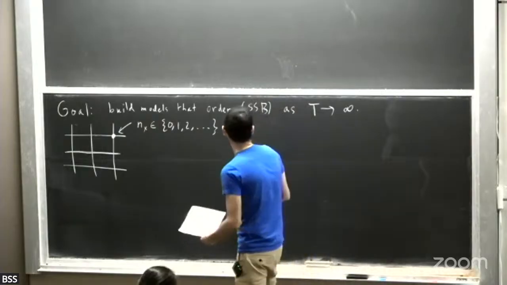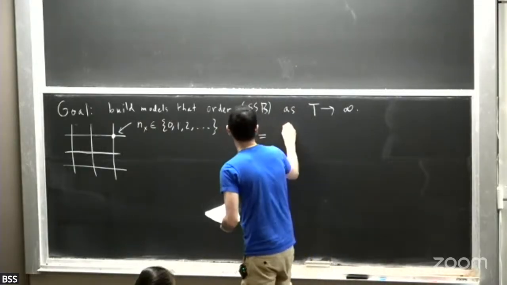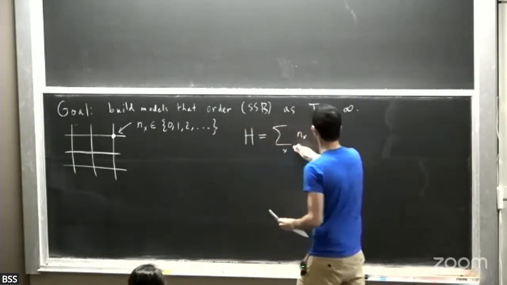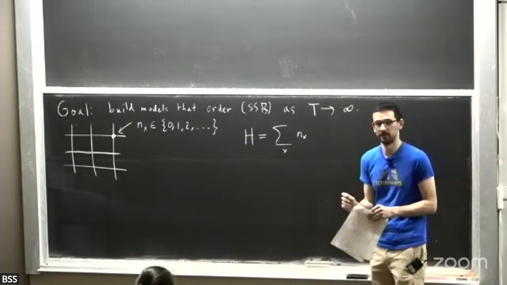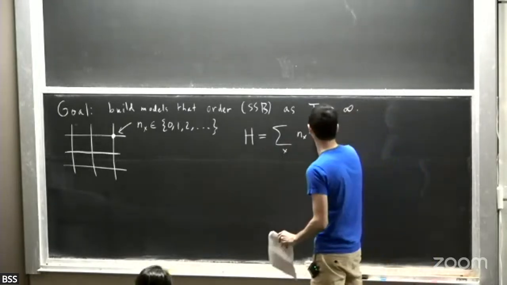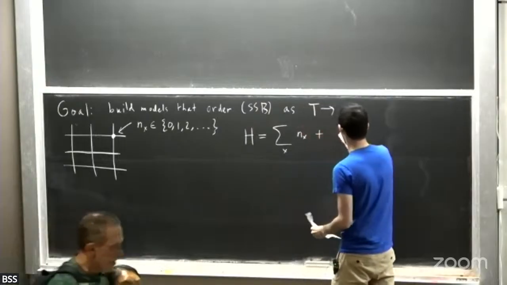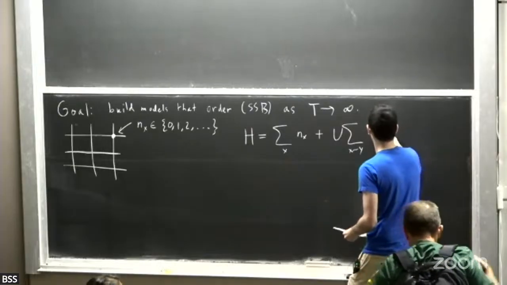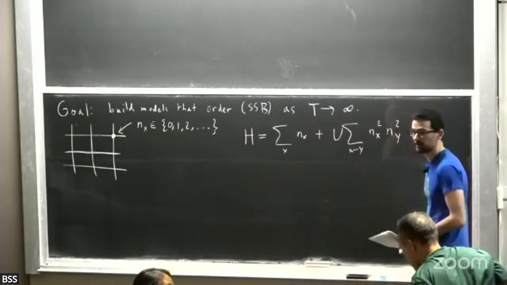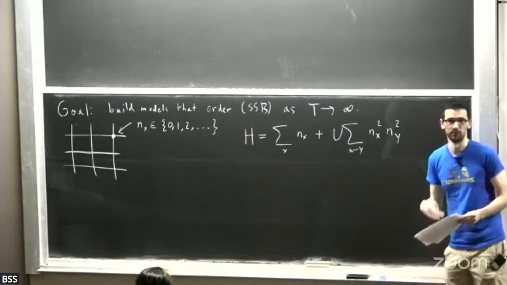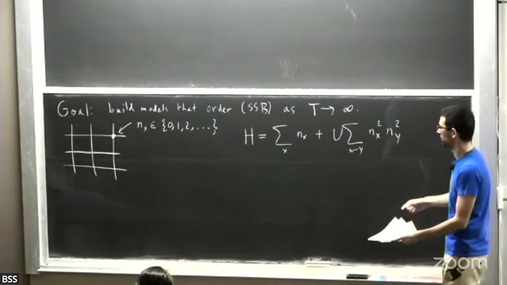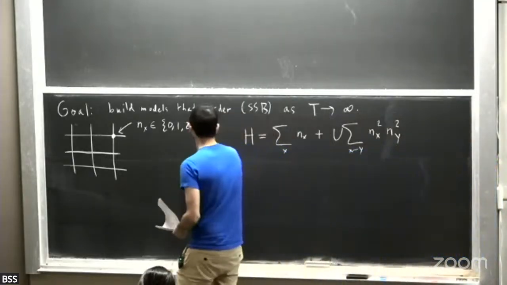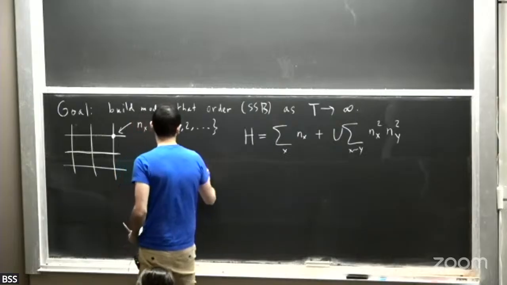We said, let's write down the following Hamiltonian where I sum over the number of particles on every lattice site. So it costs me 1 joule to put each particle in the lattice. And then for nearest neighbors, I have this funny repulsive interaction. We've just made this power 2 for reasons that will be clear shortly. It'll simplify the analysis. And our goal is to study the Gibbs ensemble of this model.